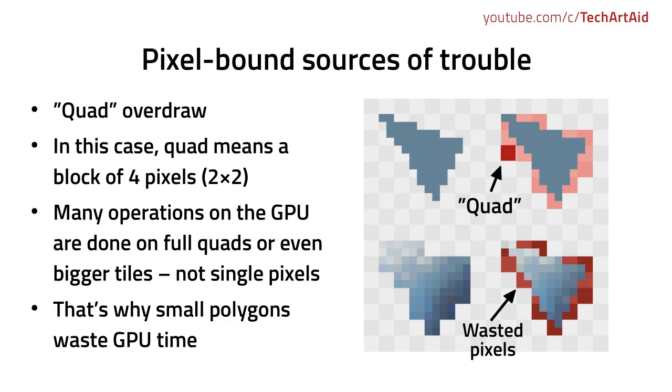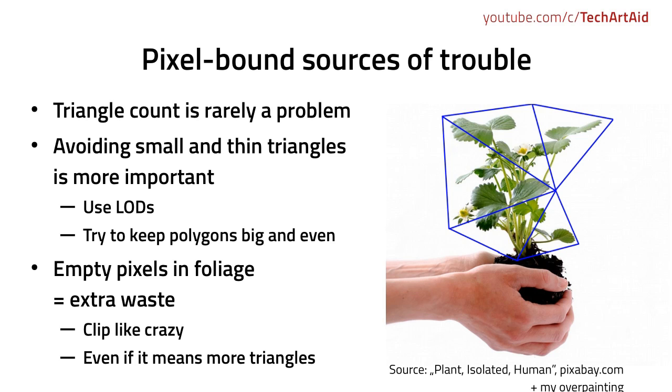As you can imagine, the smaller the triangle, or the thinner the triangle, the bigger the problem. So the triangle count itself is actually not a problem very often. Quite contrary to the popular opinion, the triangle count by itself doesn't matter. It's much more important to avoid small and thin and long triangles. Use level of detail to control this.